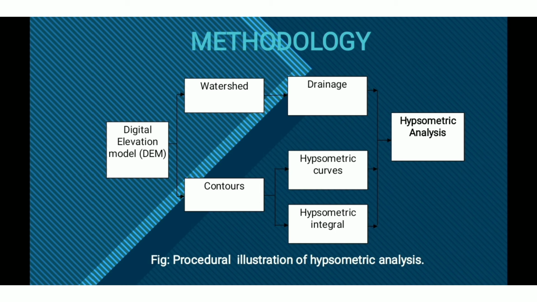The percentage hypsometric method is generally used for the study. There are two ratios involved in this study, plotted against each other on a graph. The ordinate represents the ratio of relative elevation and the abscissa represents the ratio of relative area.